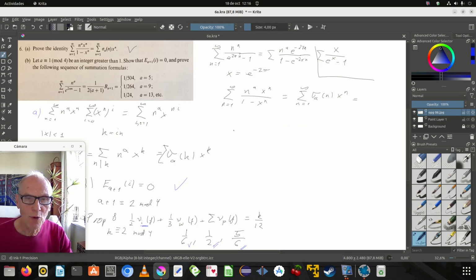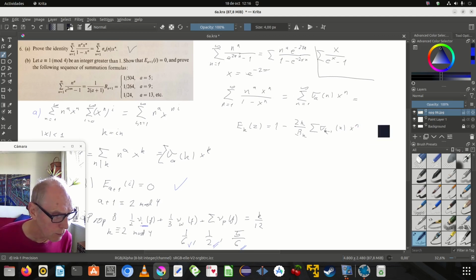I'll just write up the formula because I can't do it in my head. That's of course sigma k minus 1 of n x to the n. x to the n. It was q to the n.